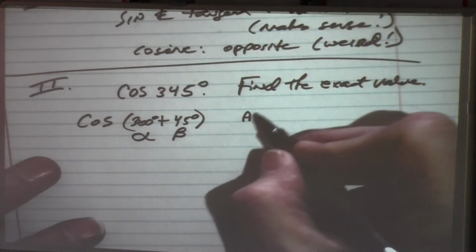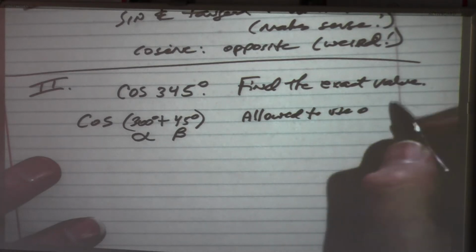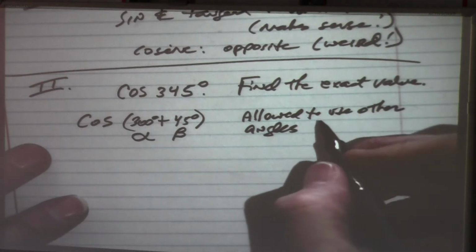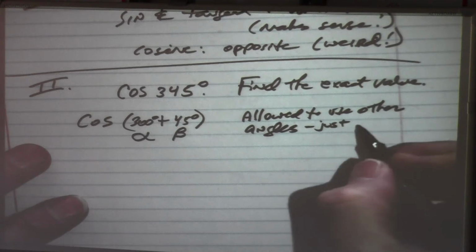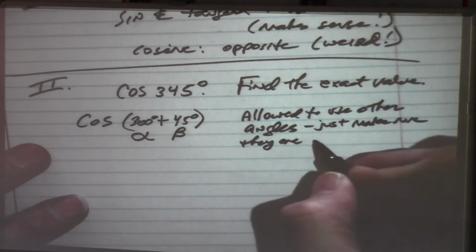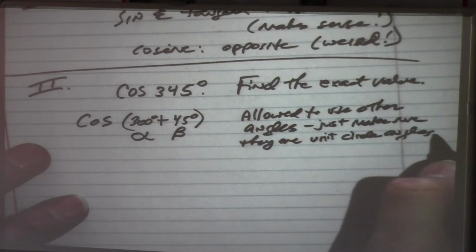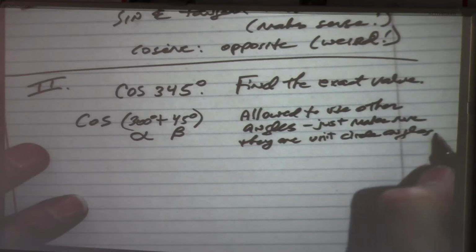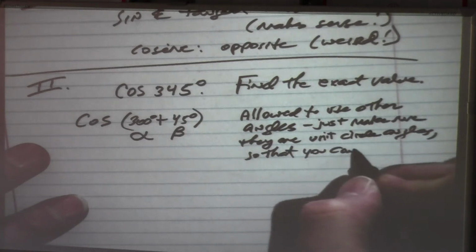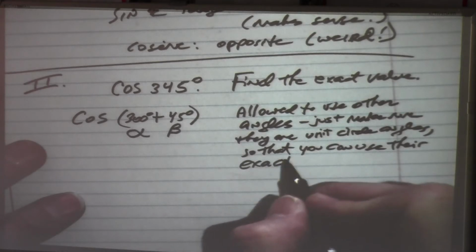And I'm going to make a little note here that you're allowed to use other angles. Just for your sake, just make sure they are unit circle angles so that you can use their exact values.